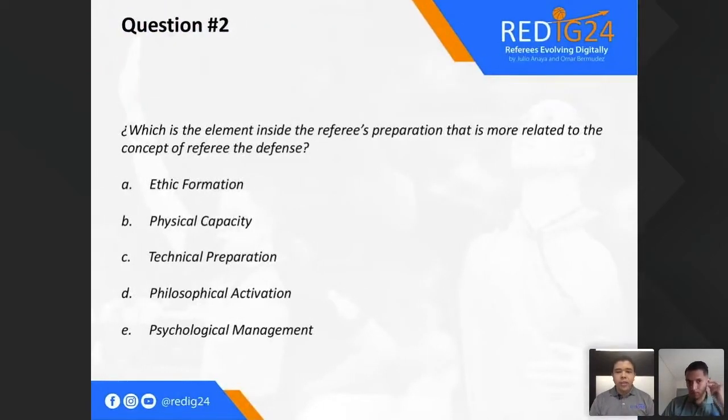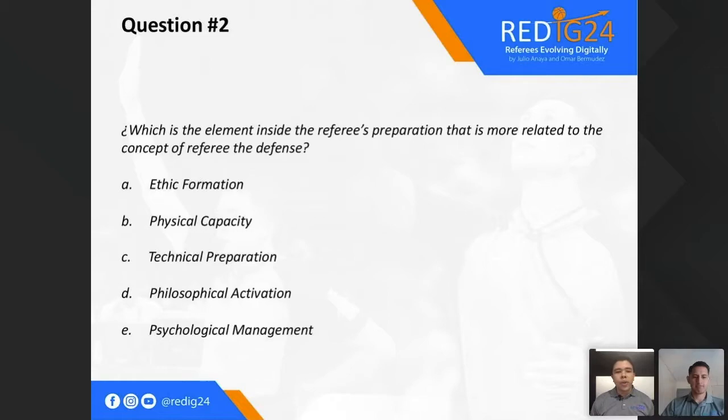So the second question, and we have this type of question in all our sessions, is which is the element inside the referee's preparation that is most related to the concept of referee the defense, remembering those points we talked about during our first session about preparation.